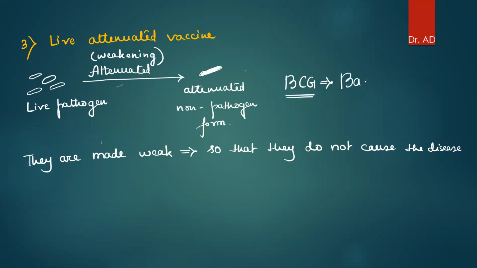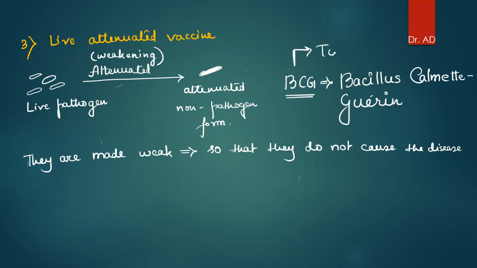Bacillus Calmette-Guerin, BCG vaccine. It's a commonly used vaccine against tuberculosis.